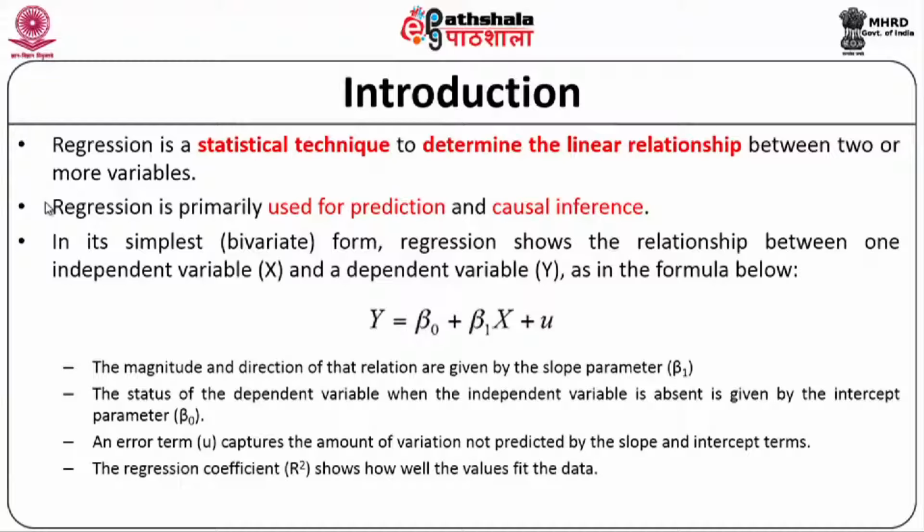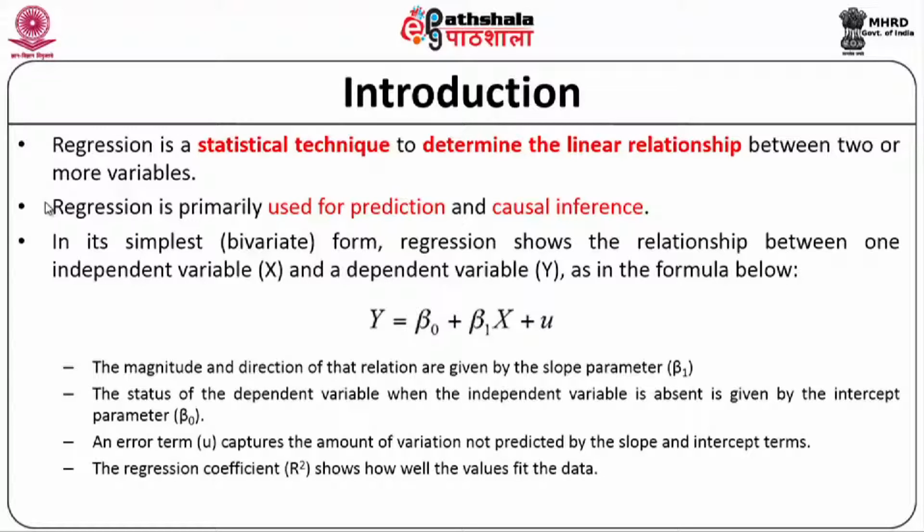Whenever we model a particular problem using regression methodology, there is a lot of chance of a difference between what we predict and what has actually been observed, and this difference needs to be added to the given environment by means of an error variable. So, the u variable in this equation indicates the error component, and the coefficient of determination, commonly indicated using the notation R square, shows how well the values fit the given data.